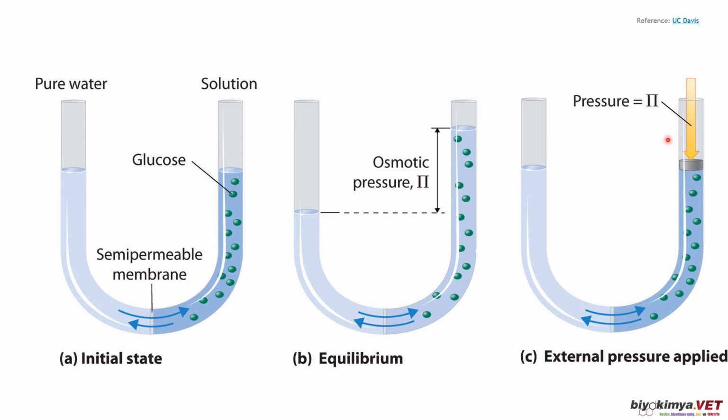Applying an external pressure equal to the osmotic pressure of the original glucose solution to the liquid in the right arm reverses the solvent flow and restores the original state. So, as you see in osmosis, water flows from a lower solid concentration to the higher solid concentration area. In other words, water flows from a high water potential to a low water potential area.